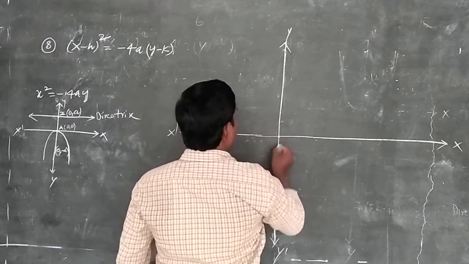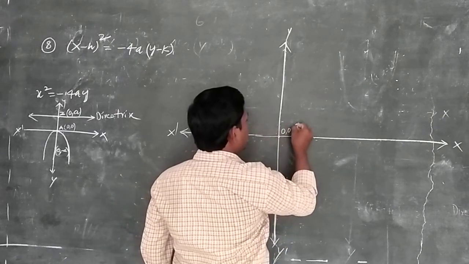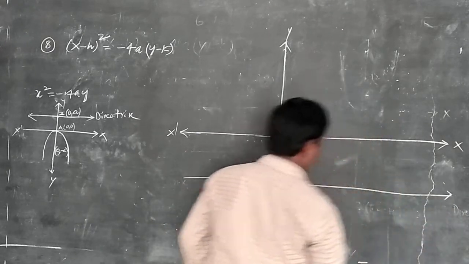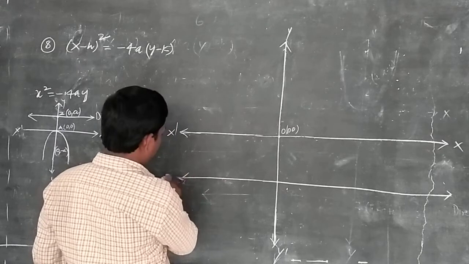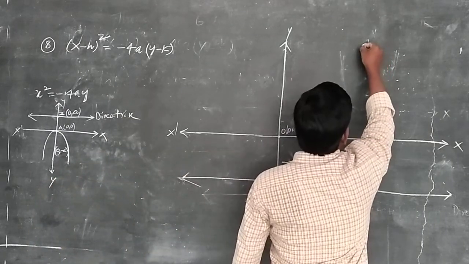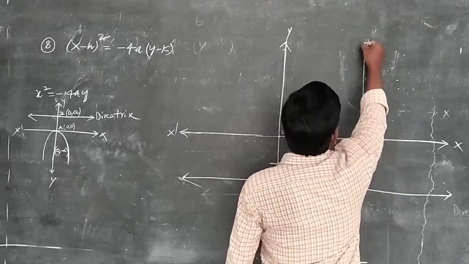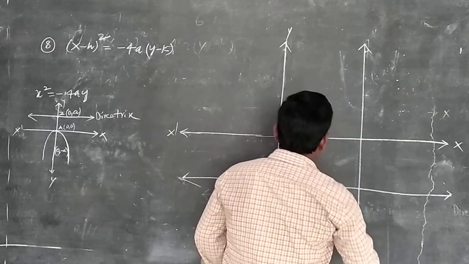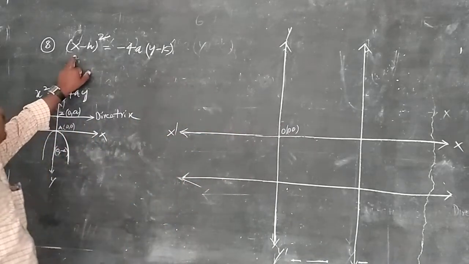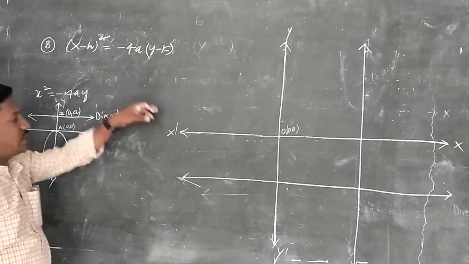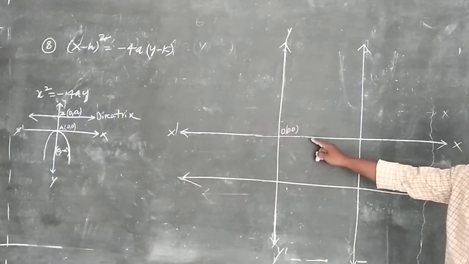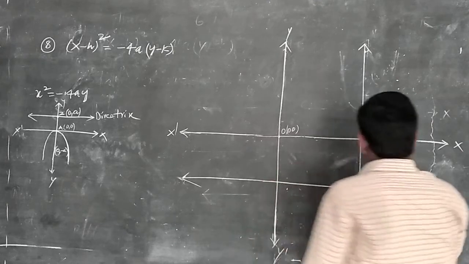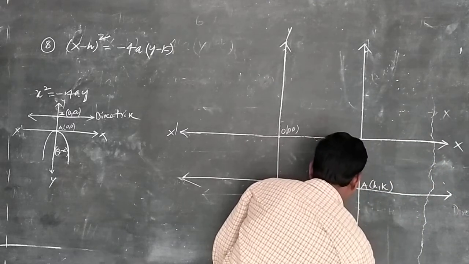Now this is the origin (0, 0). In this parabola (x minus h) whole square equal to minus 4a(y minus k), the origin (0, 0) is shifted to (h, k). Now then draw the parabola.